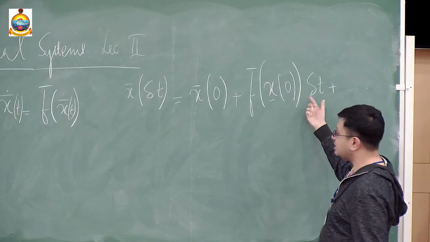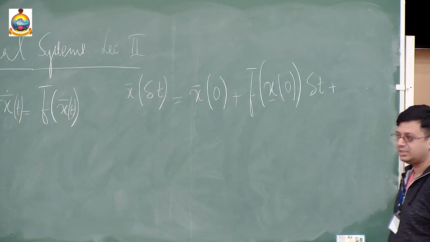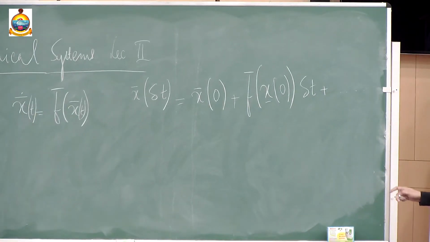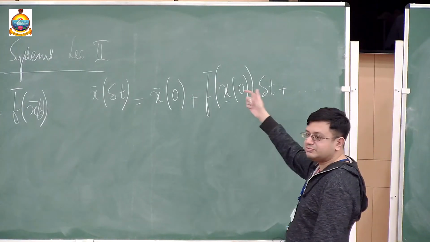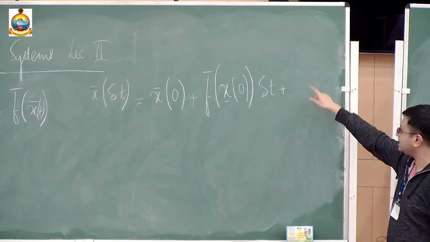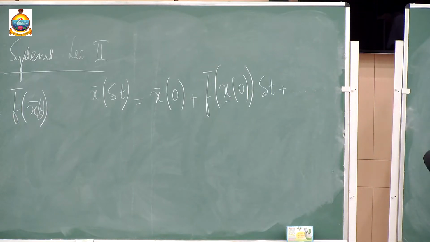By taking delta t sufficiently small, I can neglect the higher order terms. I can always do that.